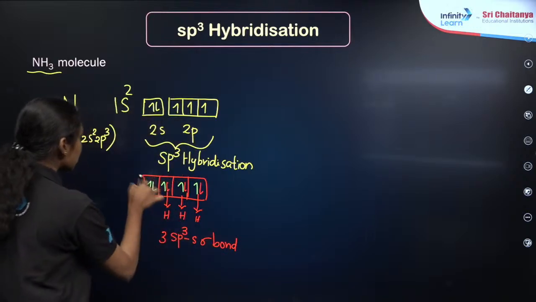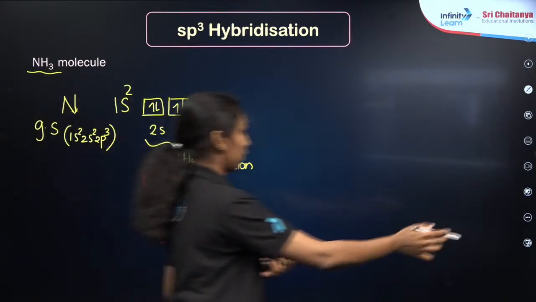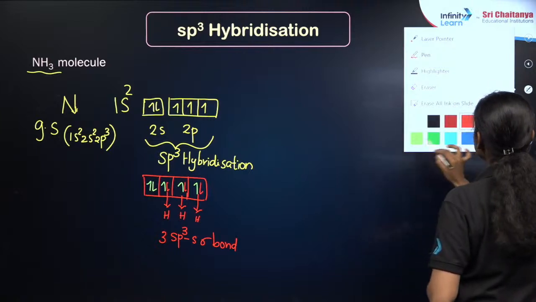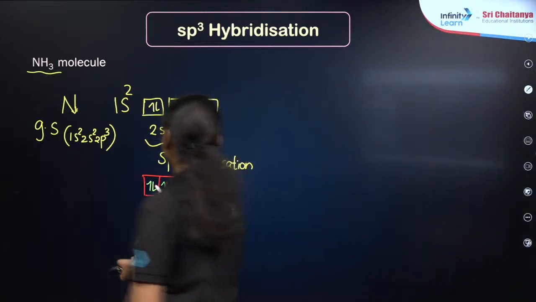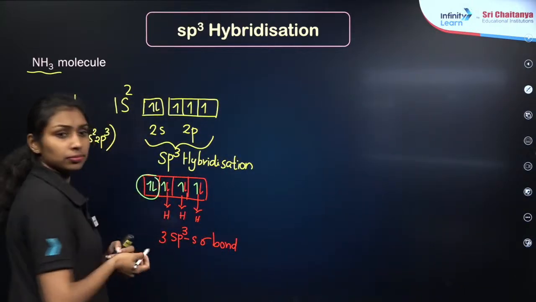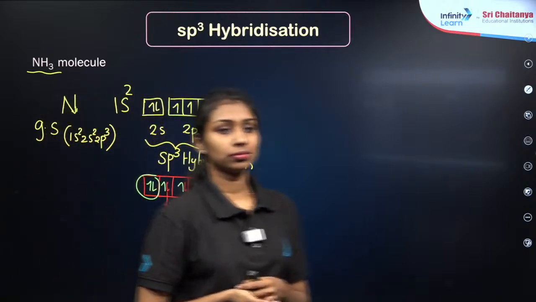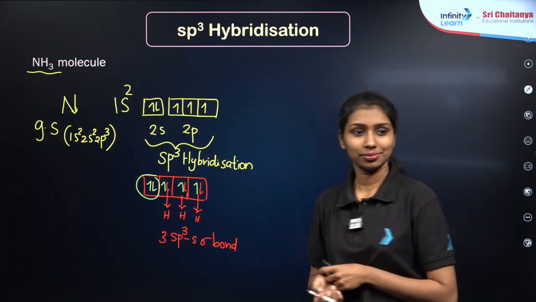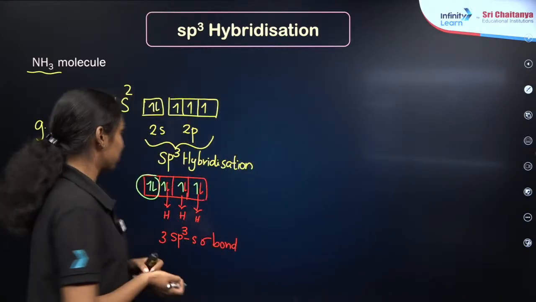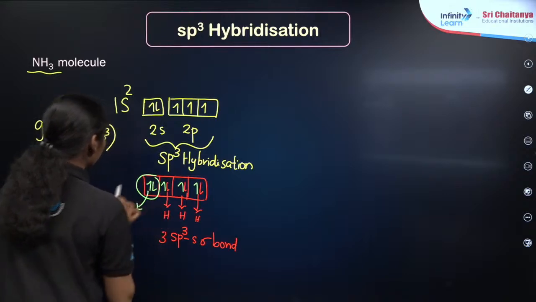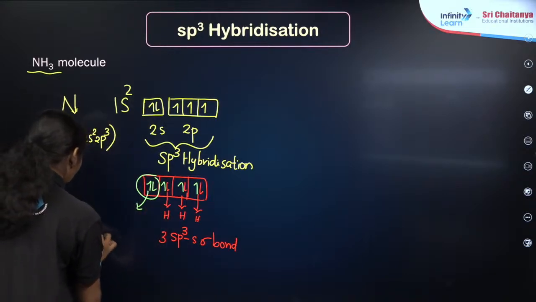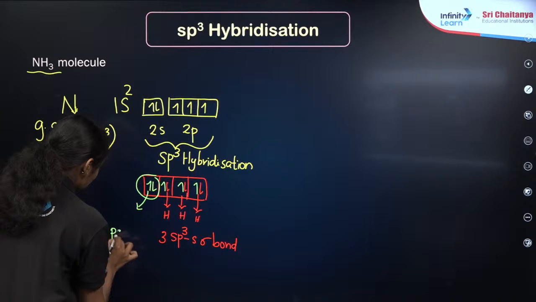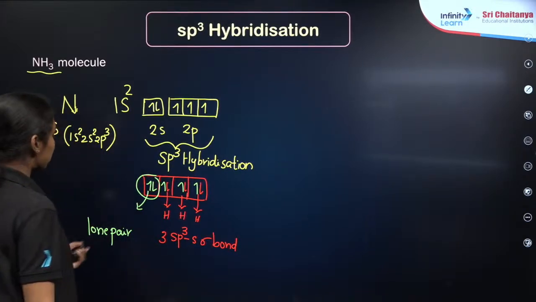Then what will happen to these paired electrons? Any idea whether they will undergo hybridization or not? It will not undergo bonding, it will remain as the lone pair.